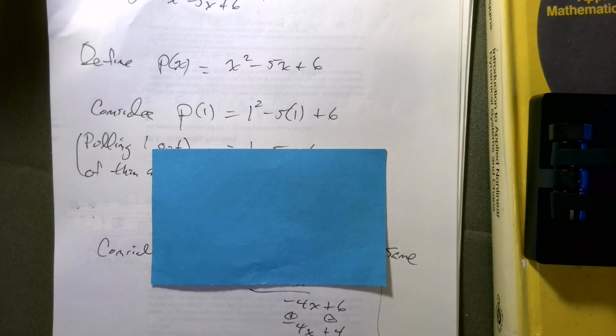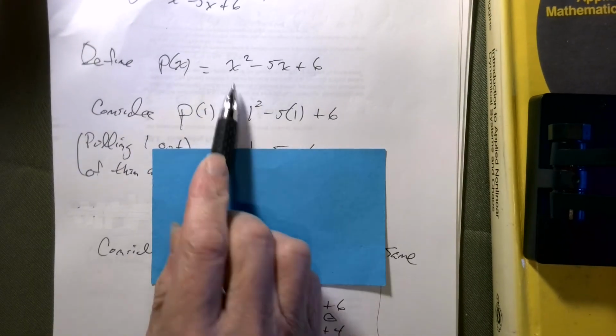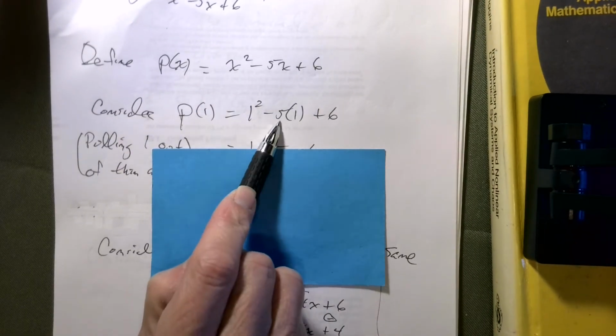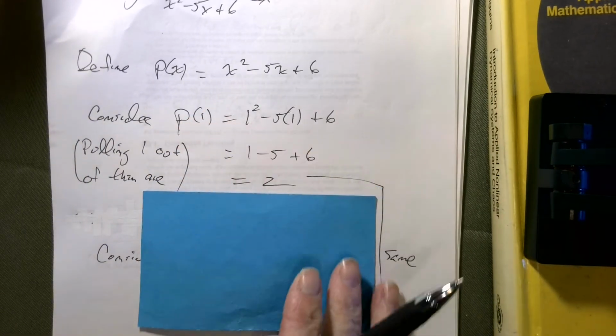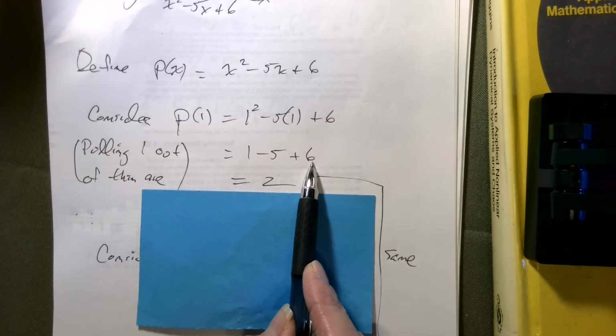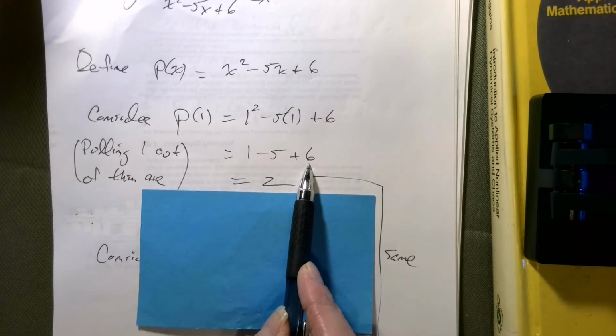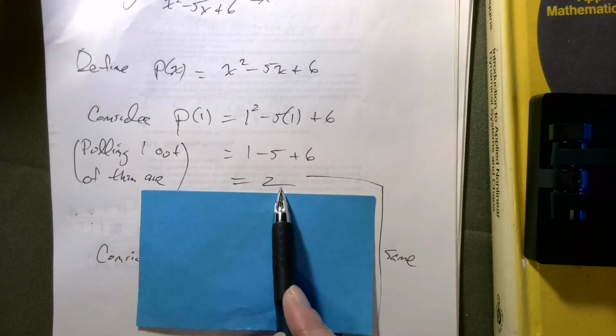I'm going to evaluate this polynomial at 1. So I take 1 squared minus 5 times 1 plus 6. If you do the arithmetic, you get 1 minus 5 plus 6, so 6 plus 1 is 7, minus 5 is 2.